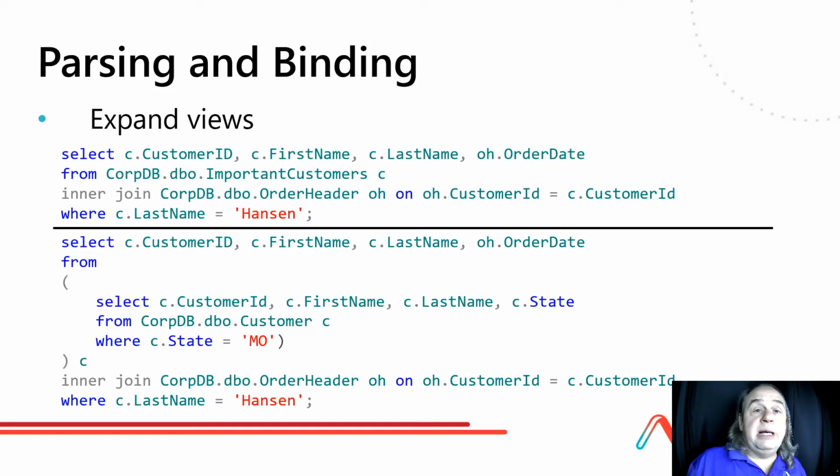Now this isn't exactly what happens, but for our purposes that's good enough. And so it will insert the text of that view into the query, and then we have something that may represent nothing but base tables, or there may be additional views in there, the evil nested view. And in that case, it will have to repeat this process until we have nothing but base tables being referenced in the query.